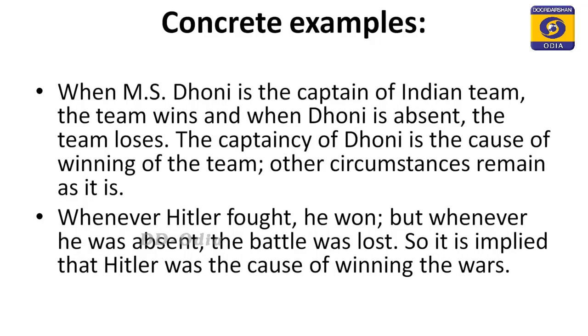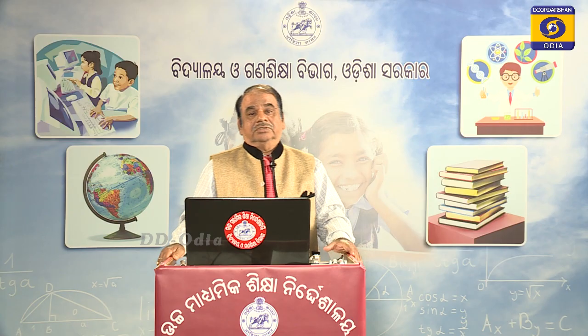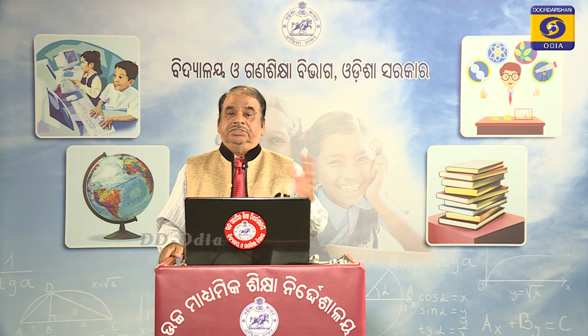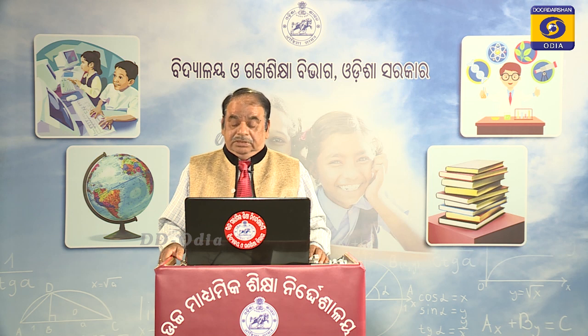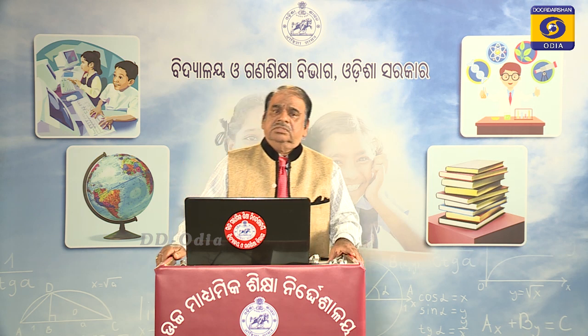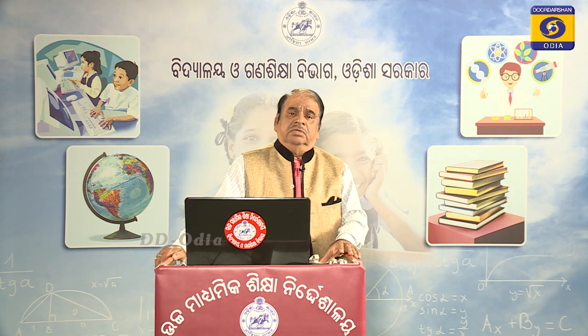Let us take another example of this. Whenever Hitler fought, he won, but whenever he was absent, the battle was lost. So it is implied that Hitler was the cause of winning the wars. Here also we have taken both positive and negative instances into account in order to reach the causal relationship. We can also see numbers of examples in our day-to-day life.